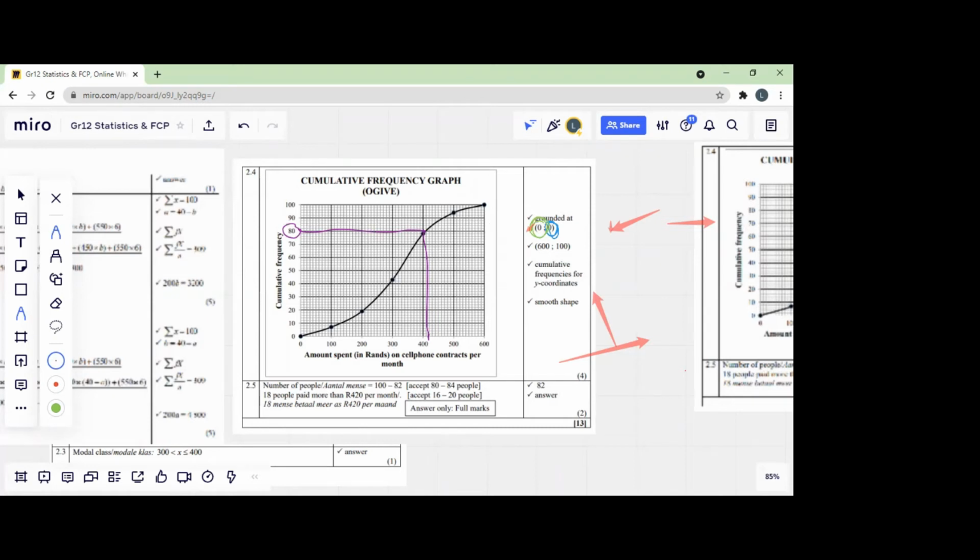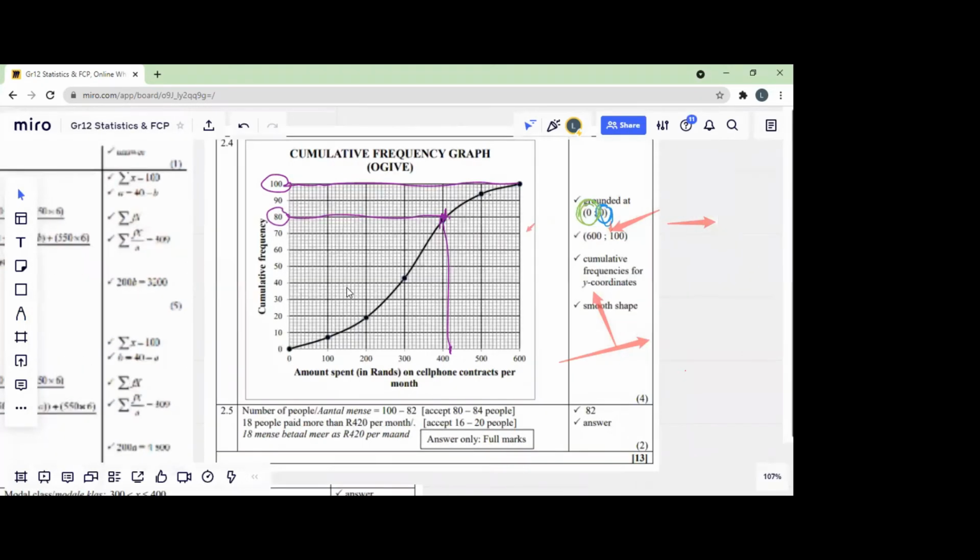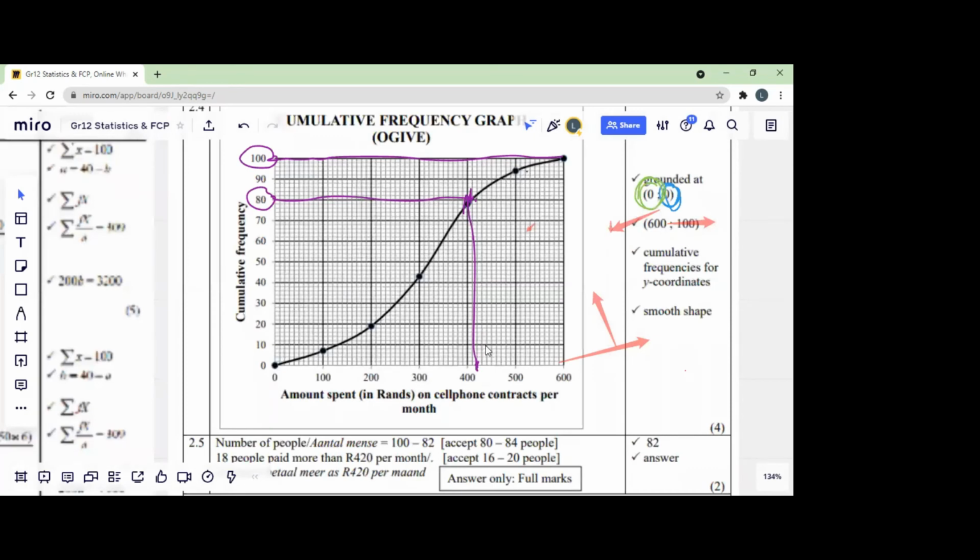So anybody that paid 420 Rand or more is going to be the remainder of these people over here. If I come back here, that would be 100. So it would be roughly 100 minus 80, or 100 minus 82. I suppose it was a little bit further over here, but you would be able to see this a lot more accurately on your cumulative frequency.